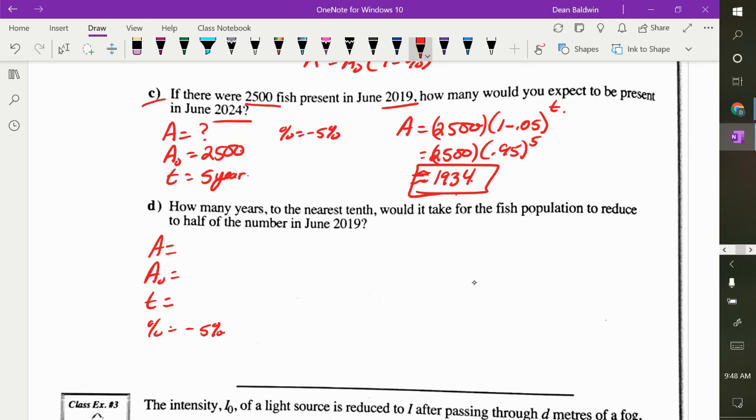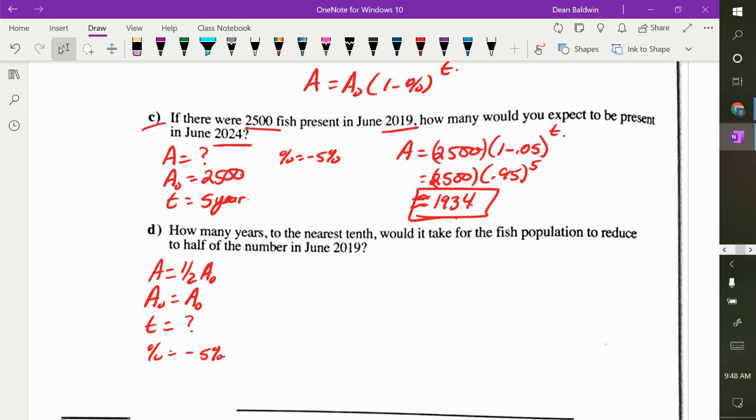The initial amount, just pretend that we don't know it. We'll just call it A naught. If I say, how long does it take for it to reduce to half of that amount? What is A? Half A naught. And time is what we're trying to find.